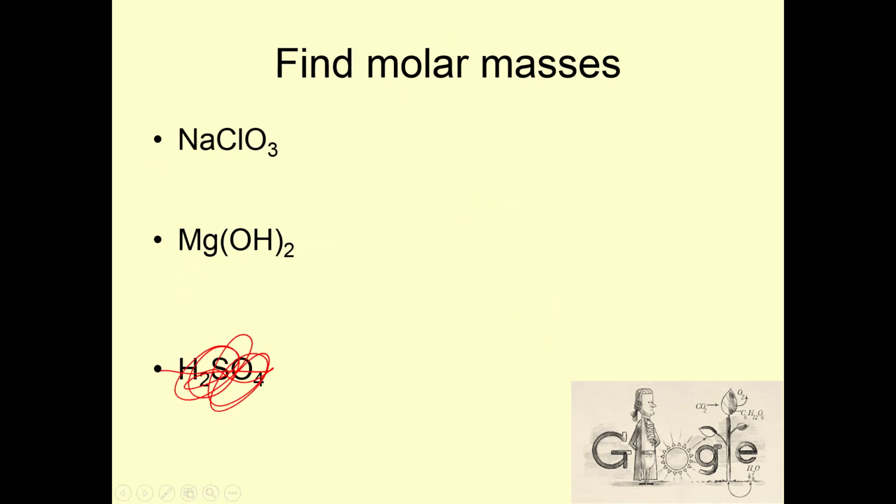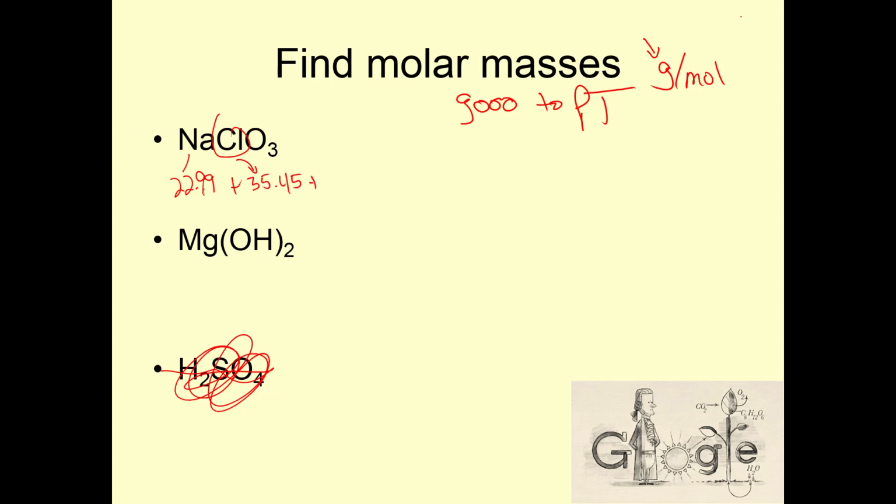So I go to the periodic table. Molar masses mean go to the periodic table. Remember how my units are grams per mole? I say little g stands for grams, and little g means go to the periodic table. So Na is 22.99 plus chlorine is 35.45 plus 3 times 16, and that'll be my mass.